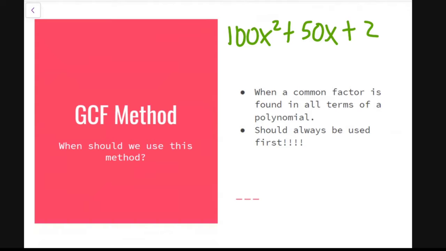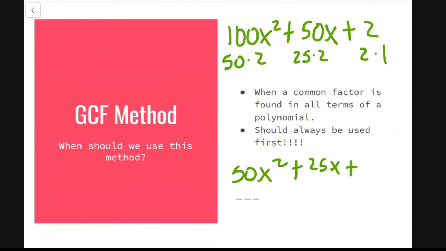Although this is something we typically wouldn't solve ourselves, we can identify that there's a common factor in all these terms, and that is 2, because 50 times 2 gives you 100, 25 times 2 gives you 50, and 2 times 1 gives you 2. So that's how we know we can use the GCF method, and that can be simplified to 50x squared plus 25x plus 1. The GCF method is typically used to give us an easier time navigating these problems and get a simpler term. So you should always use the GCF method to begin with.